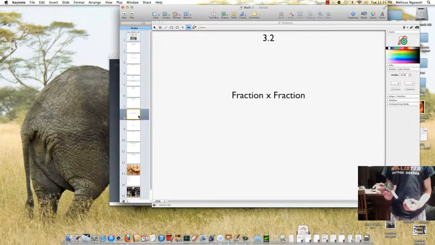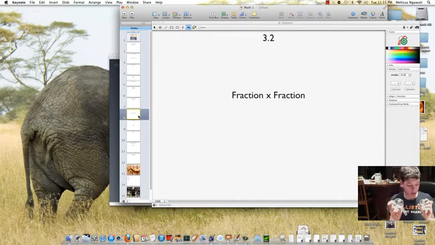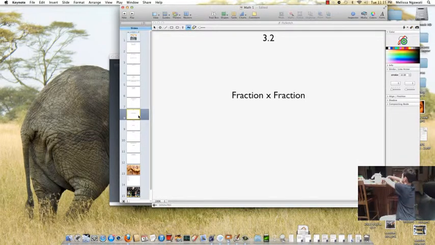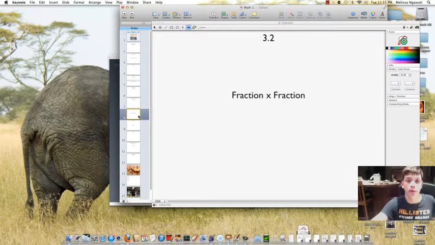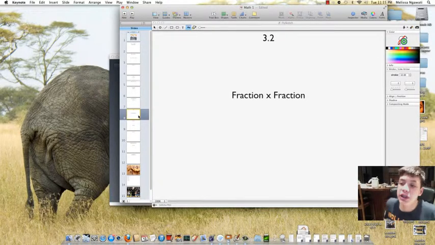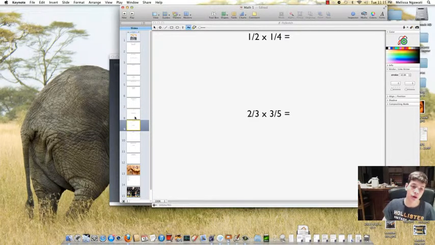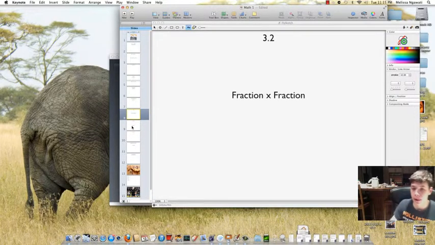We have 1/2 and 1/4. So we're multiplying 1/2 by 1/4. As long as you now have the understanding of what we're trying to do, it is much easier to move on to our next problem.